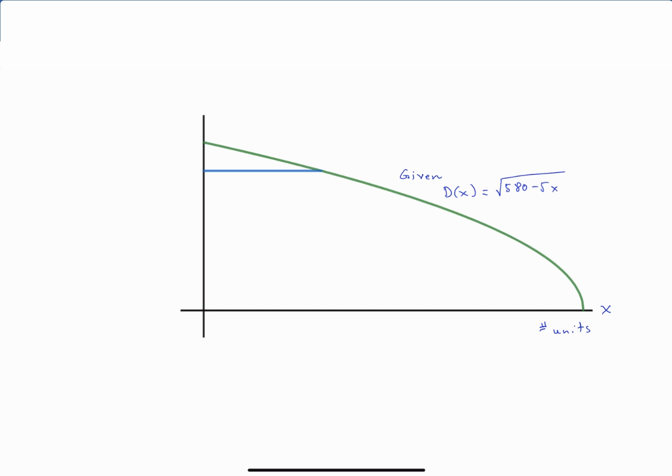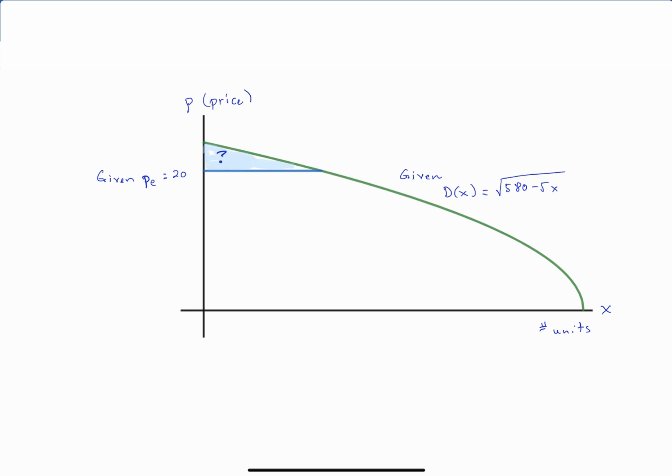And the output on the vertical axis, P, is price. We were also given the equilibrium price, which was 20. And we were asked for the consumer surplus, which is this area.